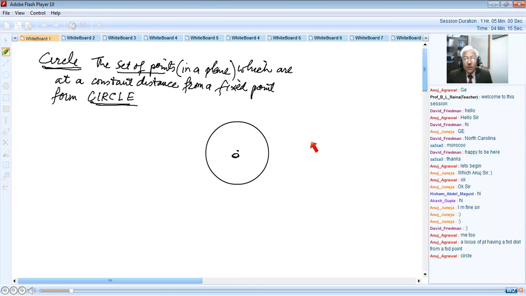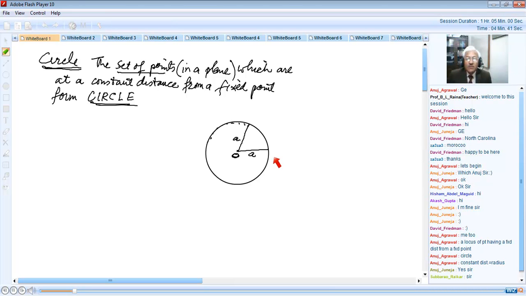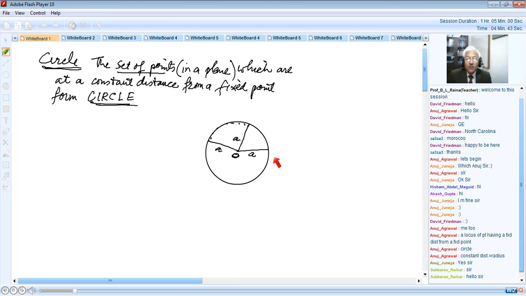O is the center, and these are the points on the circle, at a constant distance from O, at a uniform distance from O, and they form a set of points. Right? I hope you understand this. Take any point here, it will be the same distance from O, of course, in a plane.